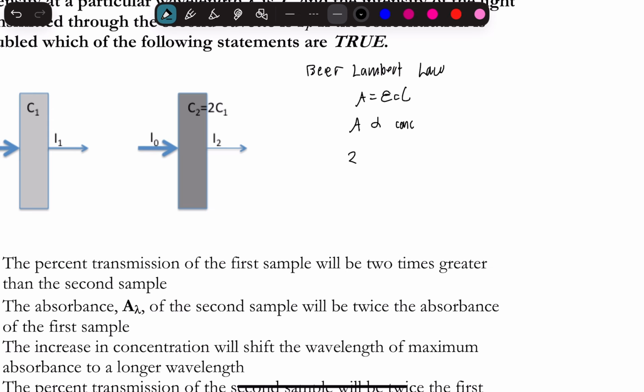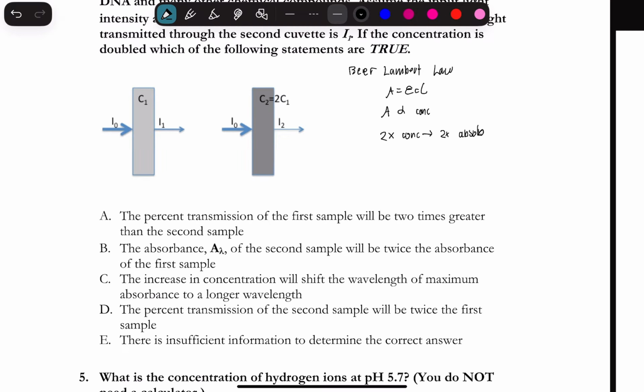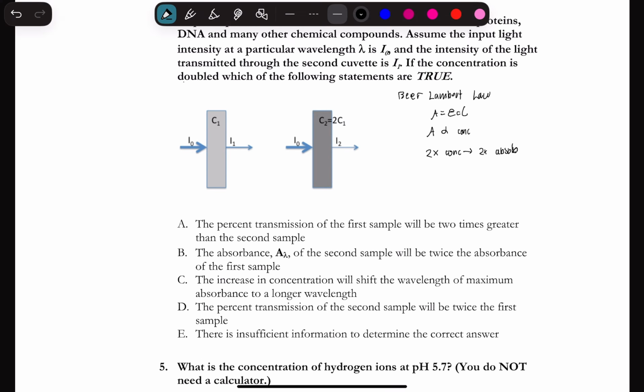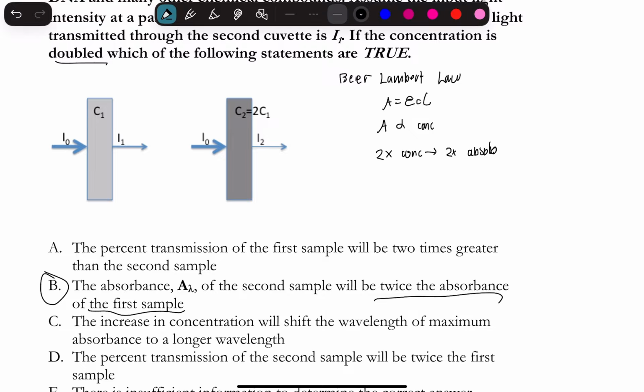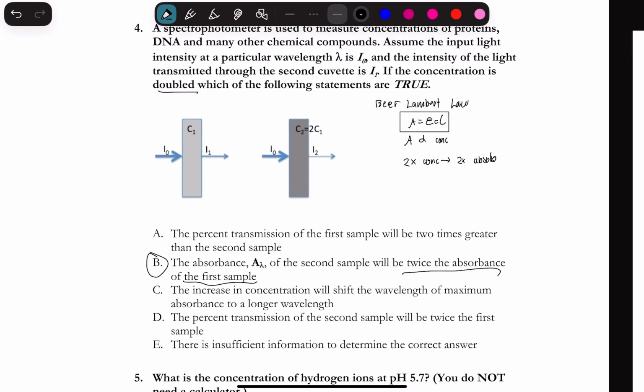So if you 2x the concentration, it's going to 2x the absorbance. So we doubled it, which means your answer is going to be B, because the absorbance of the second will be twice the absorbance of the first, because it's directly related. All you have to know is this Beer-Lambert law and understand the relationship.